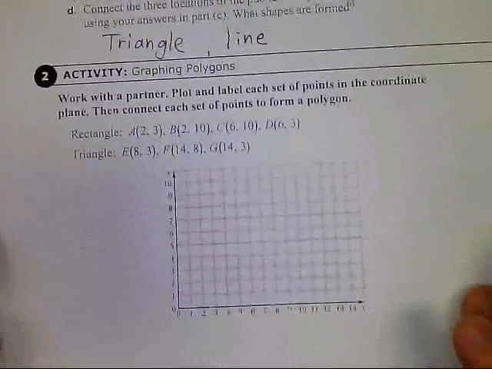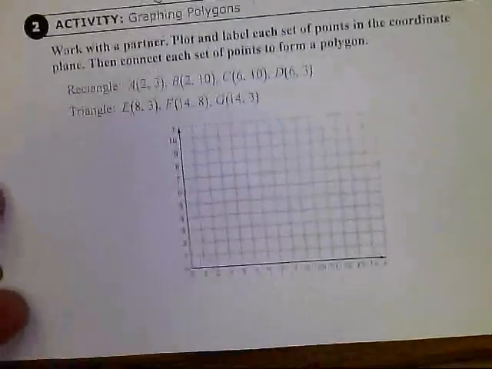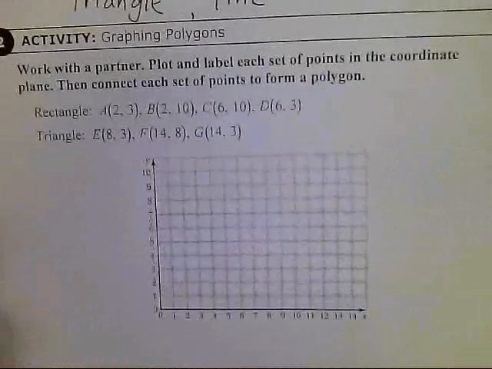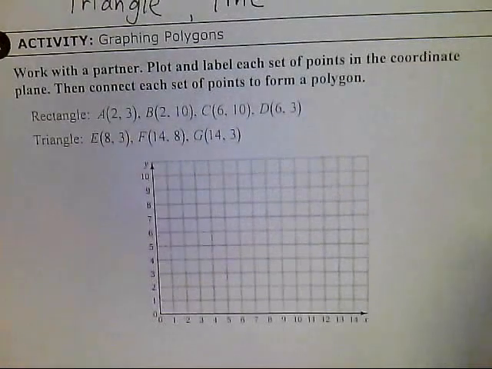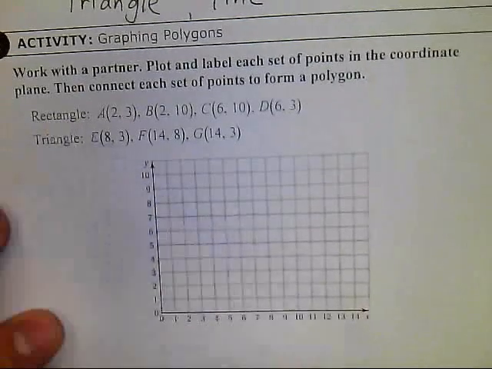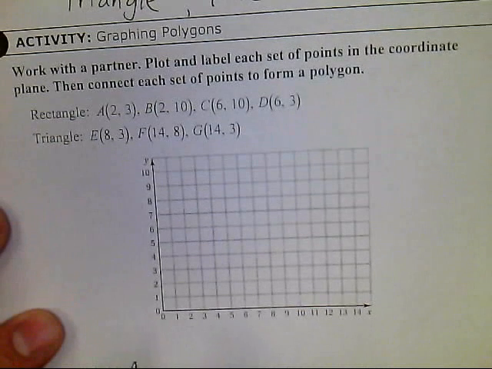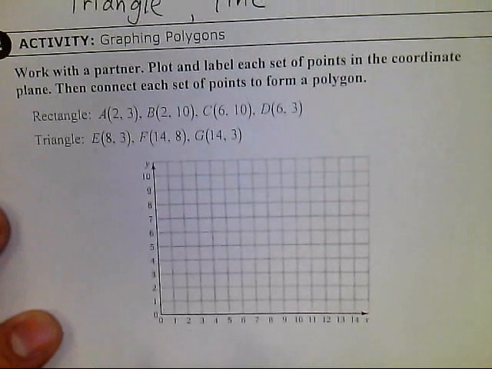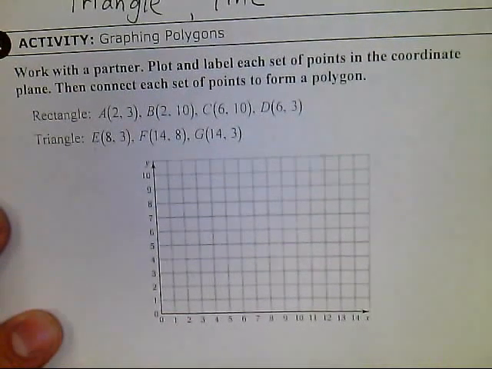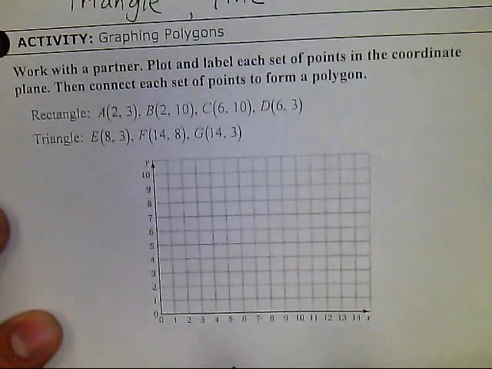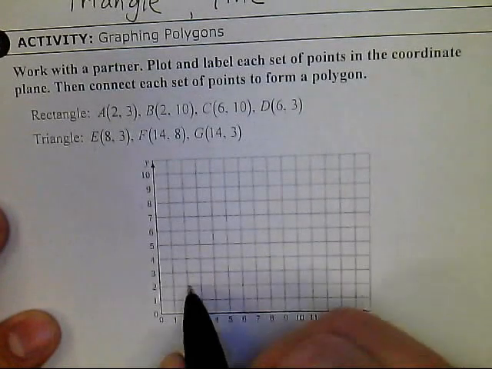We've completed activity 1. And it says, work with a partner, plot and label each set of points in the coordinate plane, then connect each set of points to form a polygon. So it tells us it's a rectangle. It's really important when you plot these to label them with the letters as you go, so you don't need to go back and spend your time finding those. So we're going to go ahead and right away find point A would be over 2 up 3.